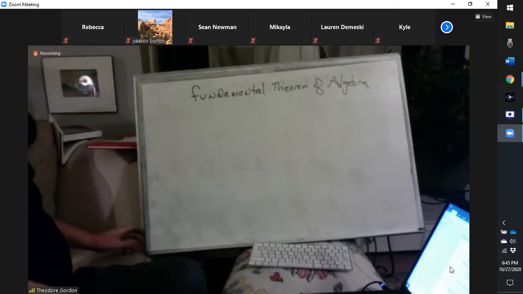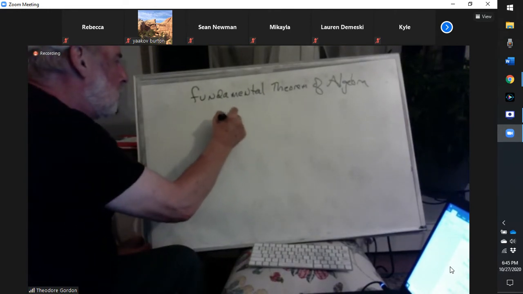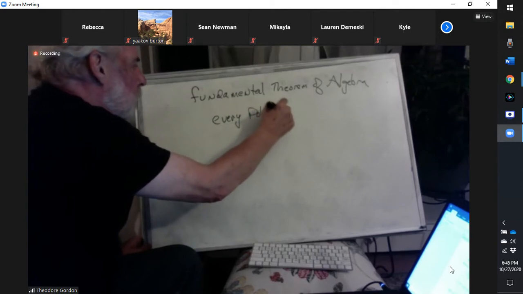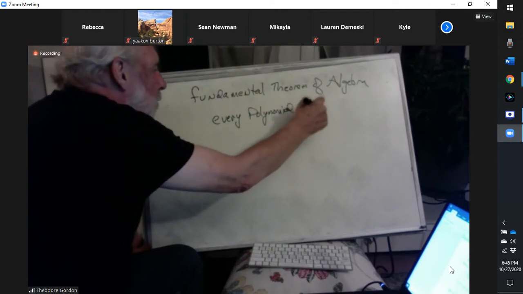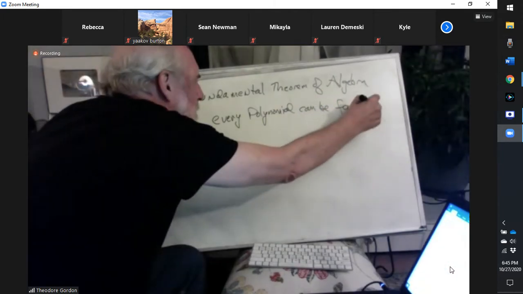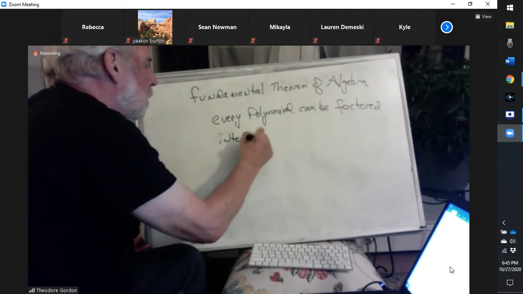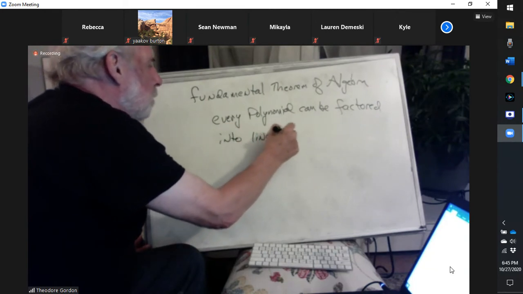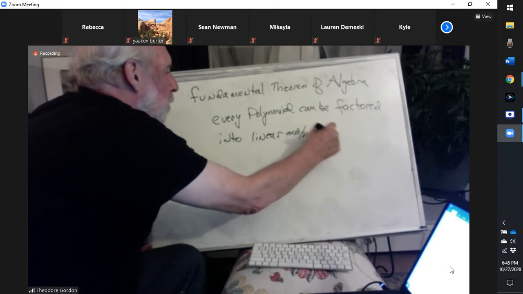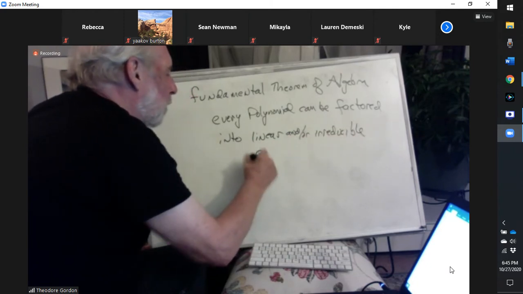So the fundamental theorem of algebra says this. Every polynomial can be factored into linear and/or irreducible quadratic factors.